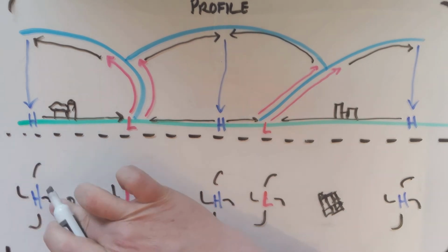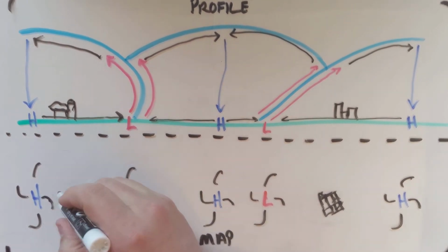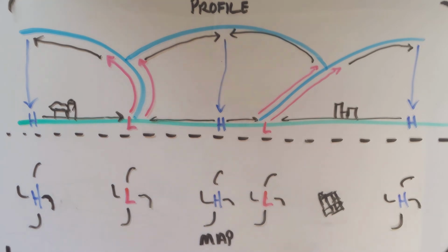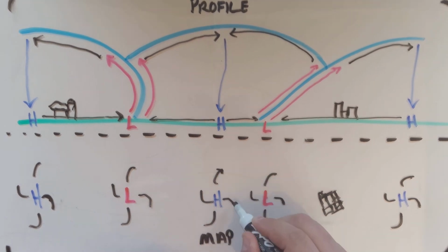I'm going to erase the farm just so that we have a clear view of what's going on right here. All right, now I need to add arrows. The arrows represent the same rule of winds: winds go from high to low. So from the high, the arrowheads have to be pointing outwards.